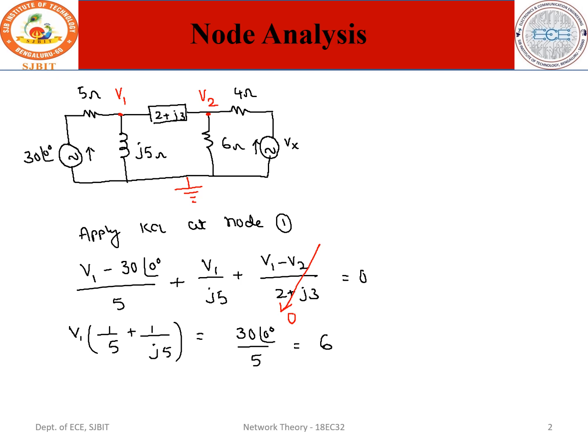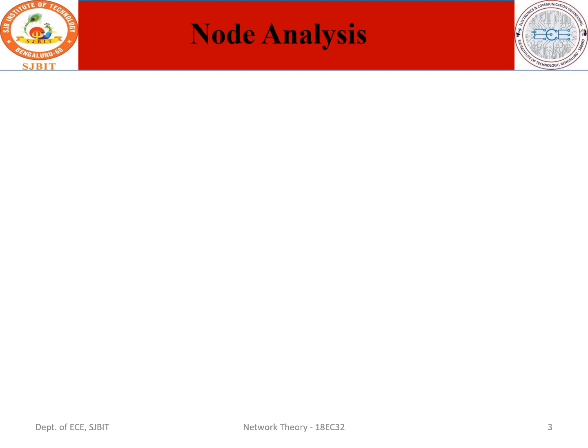Next, take V1: 1 by 5 is 0.2, 1 by J5 is minus J 0.2, that is equal to 6. So calculate what V1 is now. From this expression, V1 is equal to 6 divided by 0.2 minus J 0.2.